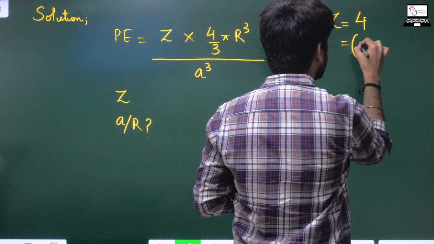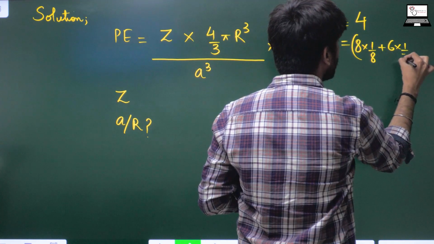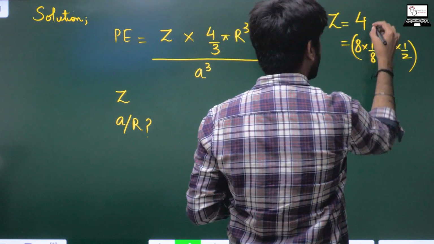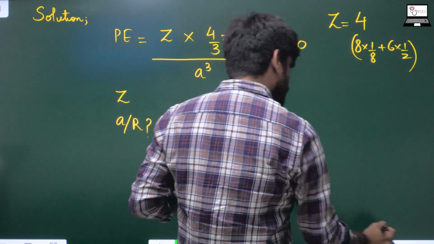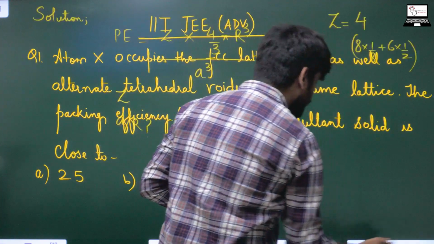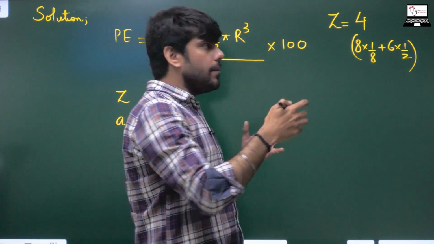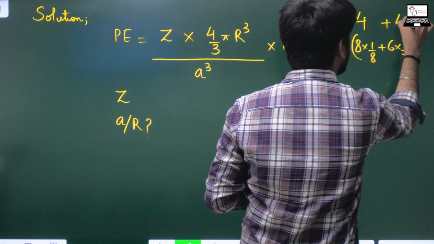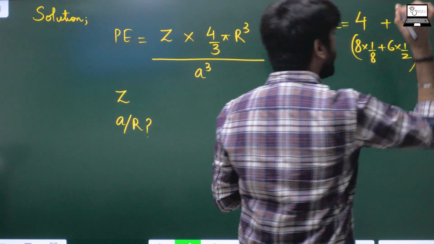So this is basically 8 into 1 by 8 plus 6 into 1 by 2. This is how I got 4, and it is also occupying the alternate tetrahedral voids. We know that there are 8 tetrahedral voids, right? So alternate means that I will include 4 tetrahedral voids. So Z comes out to be 8.